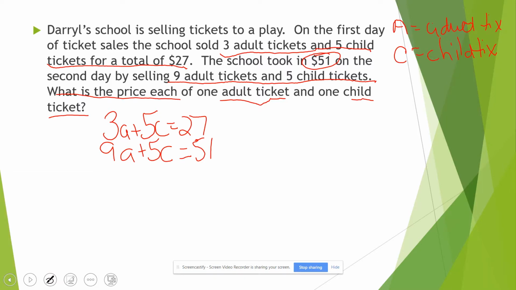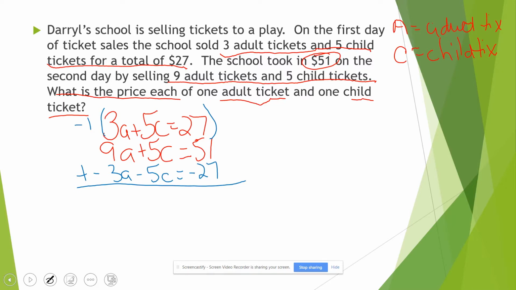So I could, again, substitute or eliminate. By eliminate, I'm going to multiply this top equation by -1 to get -3A minus 5C equals -27.